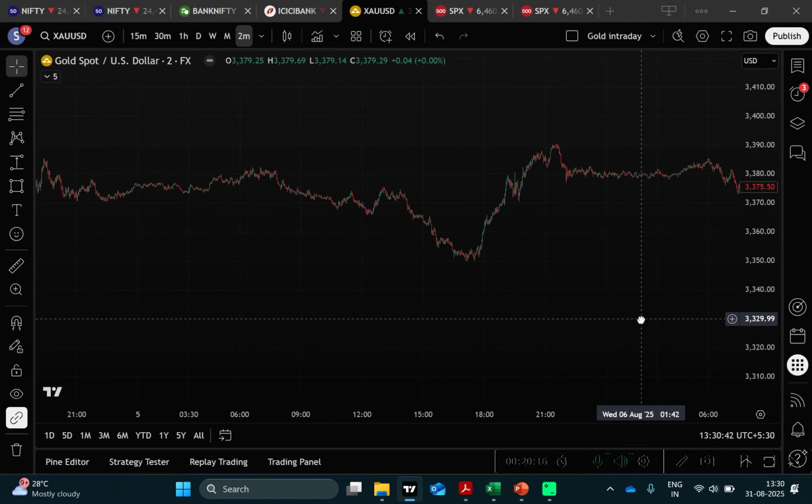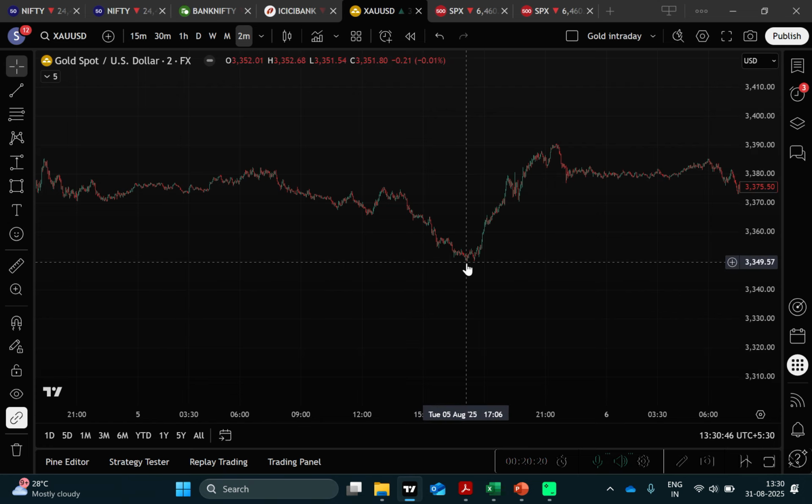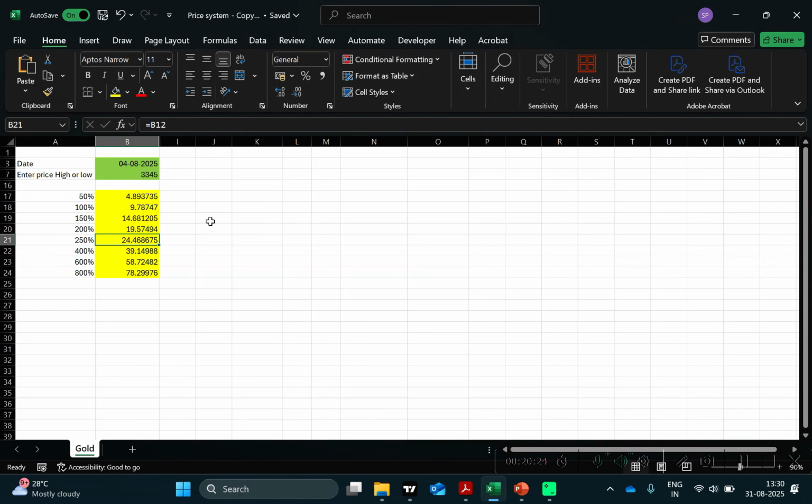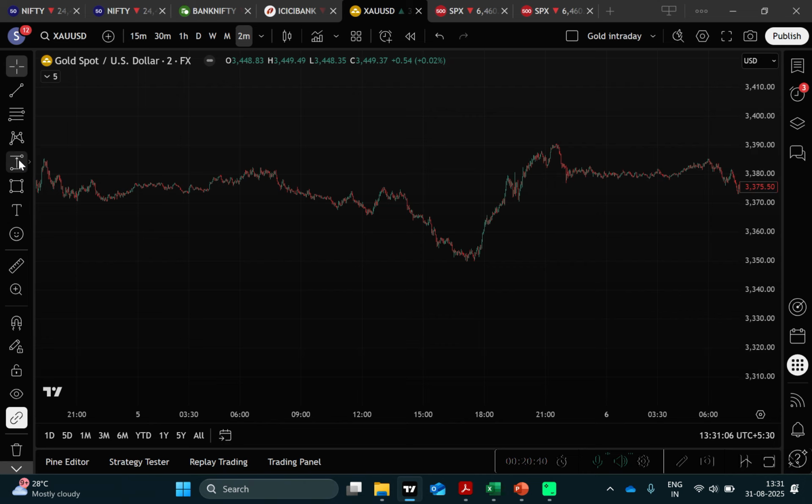This is fifth. Fifth, we have a low here, 3350. 3350, and on the fifth we have a range of, let's say, 19, 28, 38.